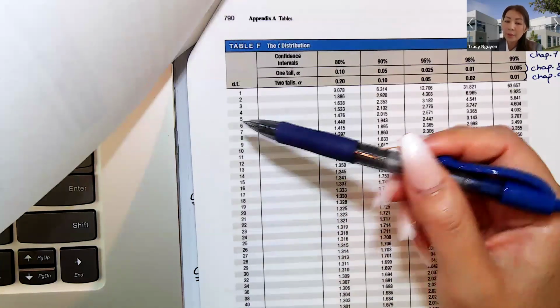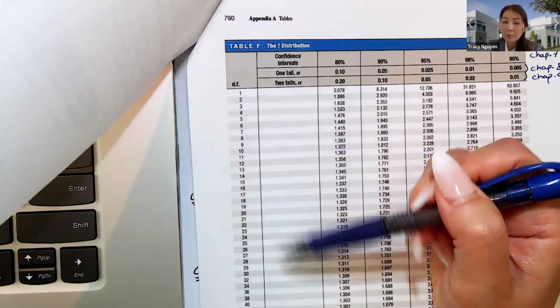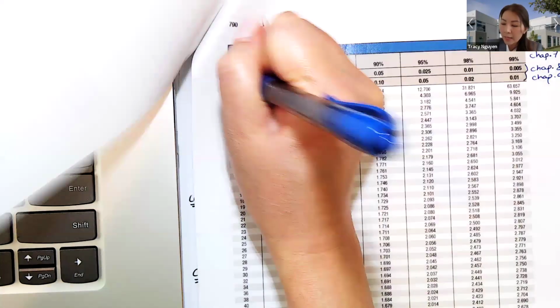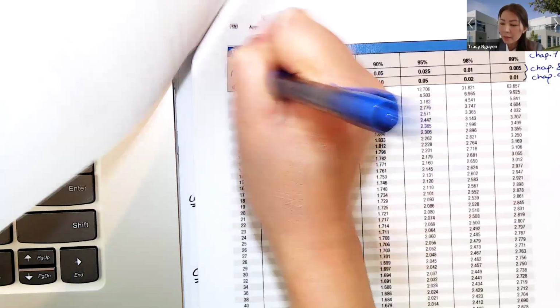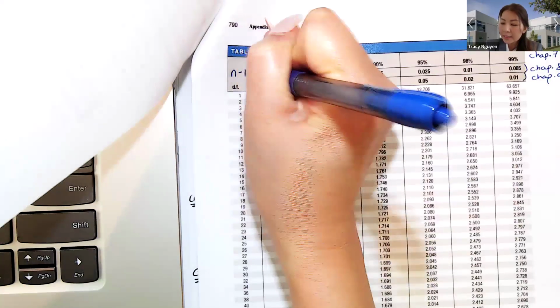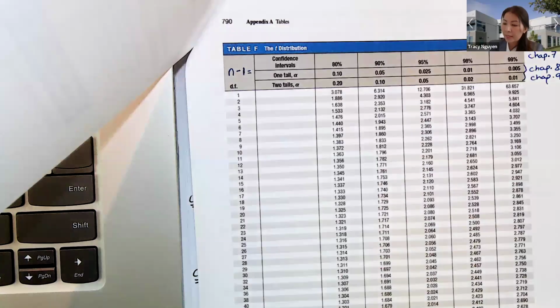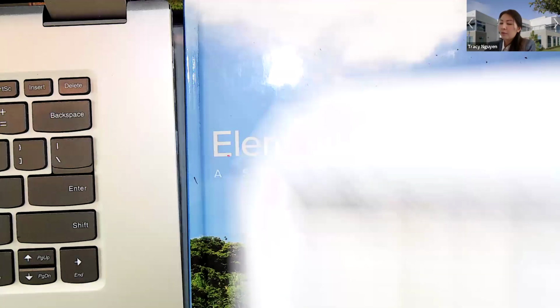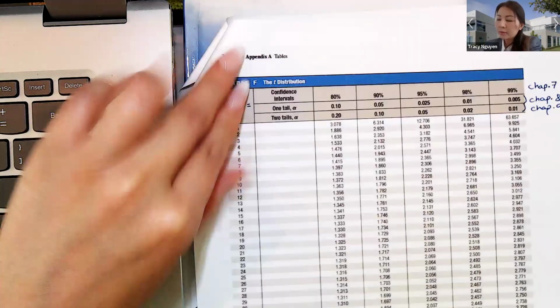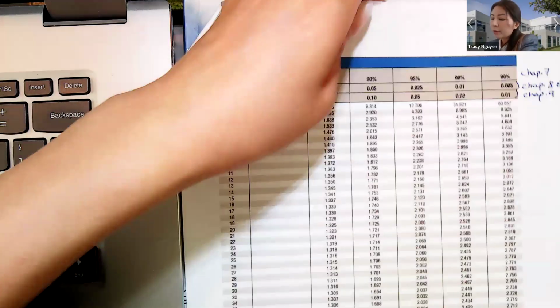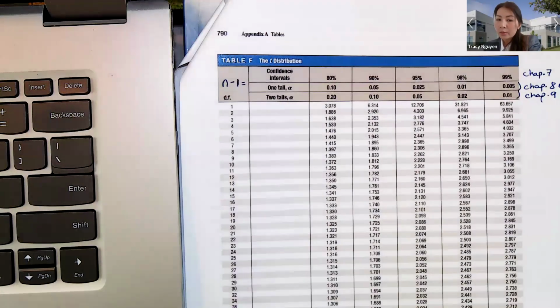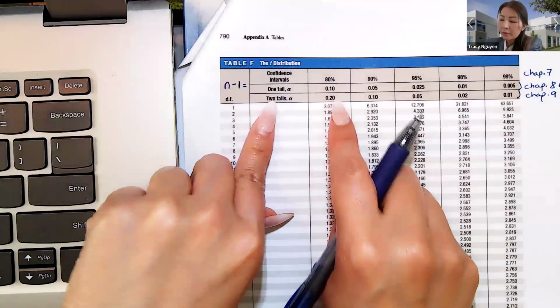Now, I wanted to point out that the degrees of freedom, as you already know, are one less than the sample size. And I wanted to remind you that for a right tail test, the critical value will be positive, so we're reading it from one tail alpha.